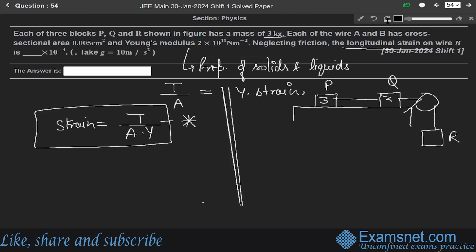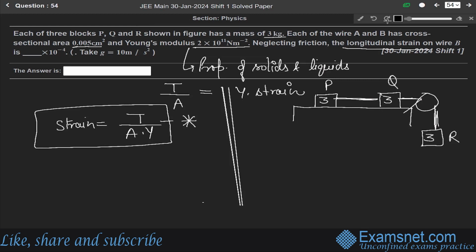Each of the wires A and B has cross-sectional area 0.005 centimeter square. Let us say this wire has a cross-sectional area of 0.005 centimeter square and this wire also has the same cross-sectional area, and the Young's modulus is given by 2 into 10 to the power 11 Newton per meter square.